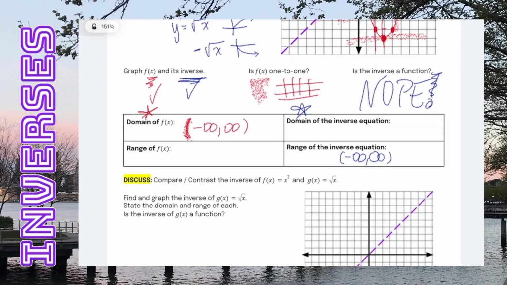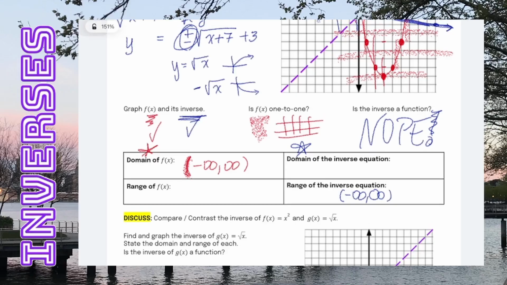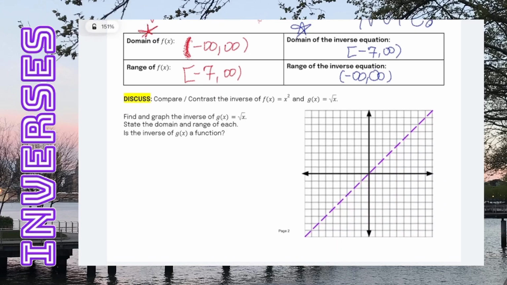The range of f of x, that's the red graph right there: we were down 7, so it starts down at negative 7 and it works its way up till positive infinity. And that ends up being the domain of my inverse equation, from negative 7 with the bracket, including the negative 7, until infinity.